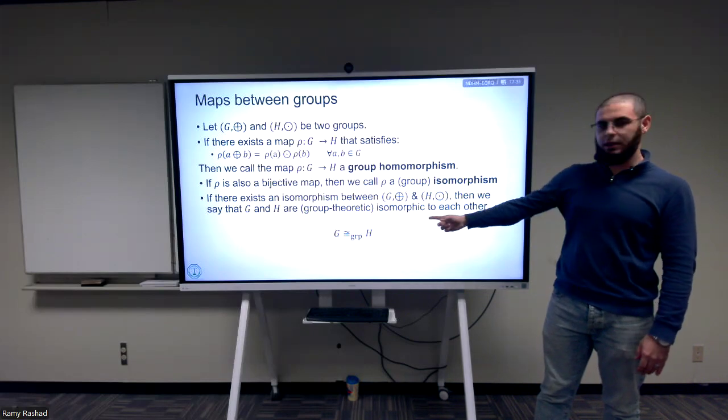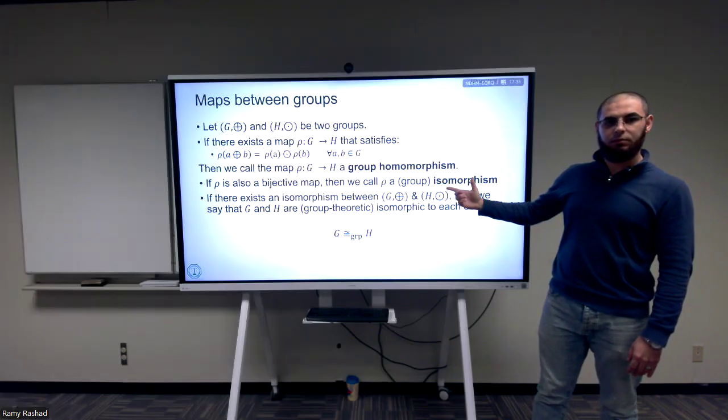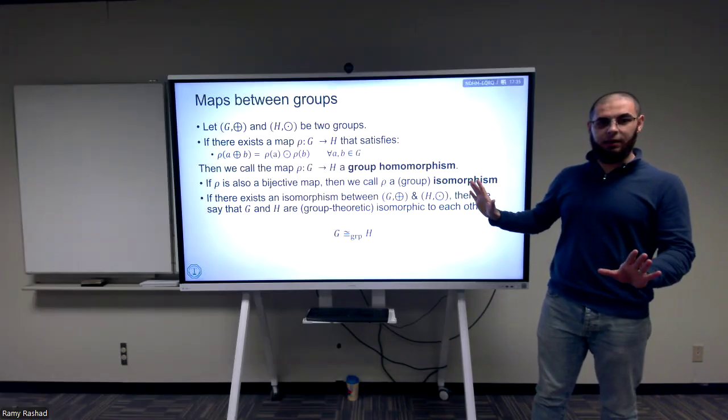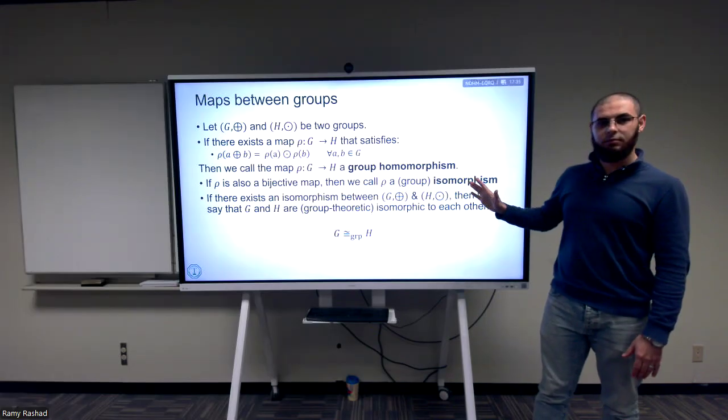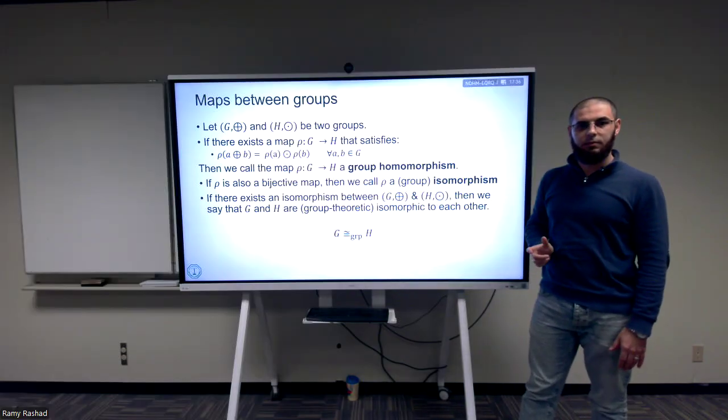Which one? The new line. The group isomorphism. The meaning is equivalent group, right? Before it was equivalent set.